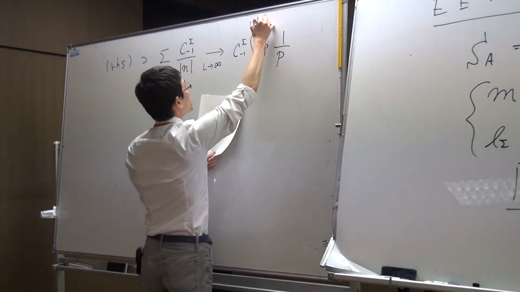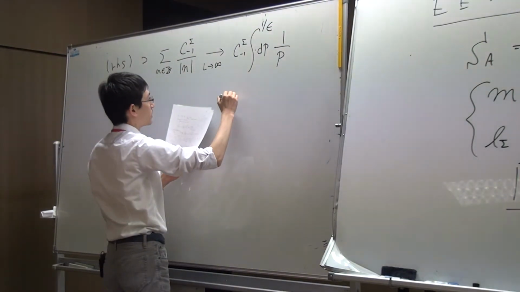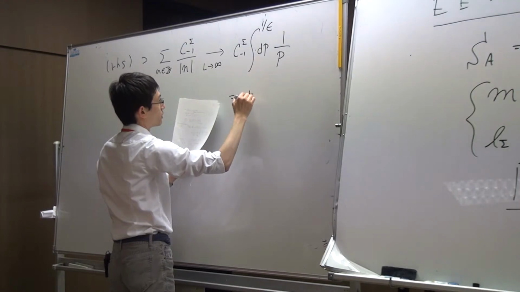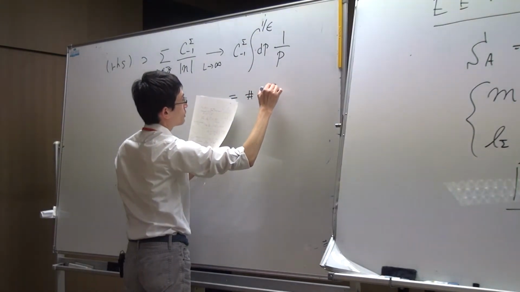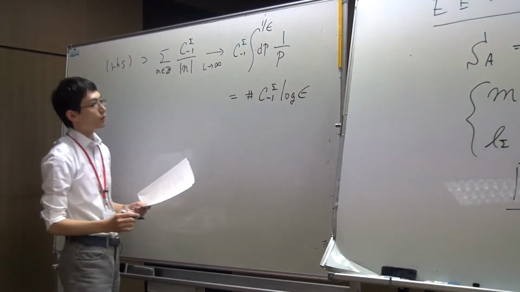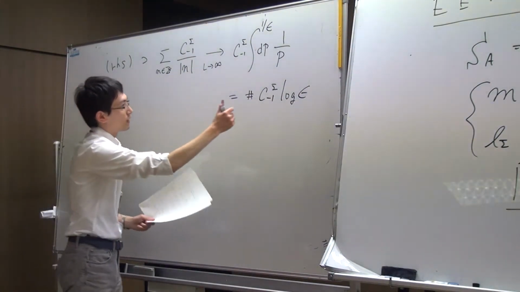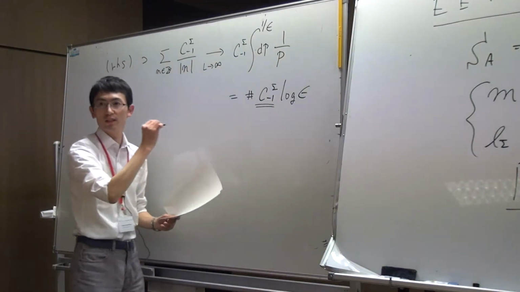Here you have to introduce the 4-dimensional UV cutoff. So this gives you some coefficient times c minus 1 sigma times log of epsilon. So you get the log divergence, whose coefficient is given by c minus 1.